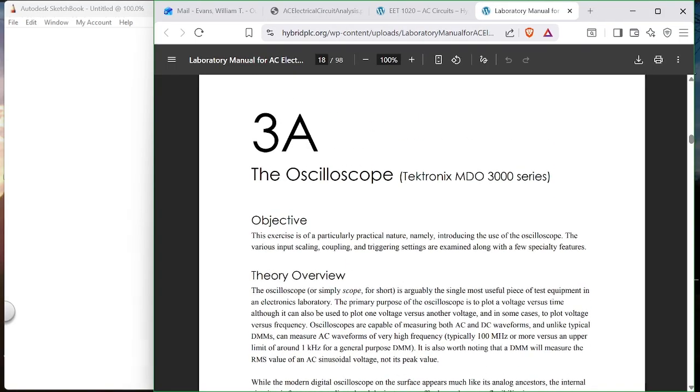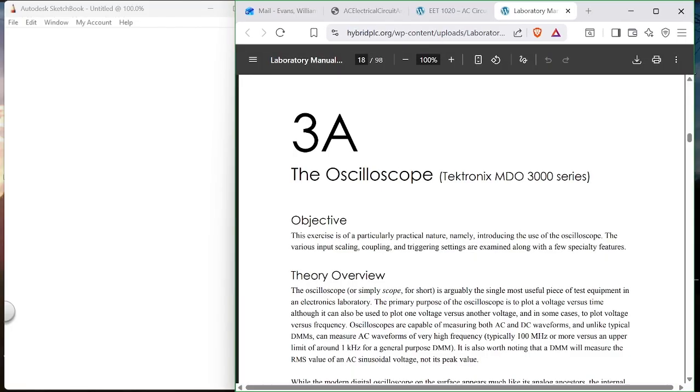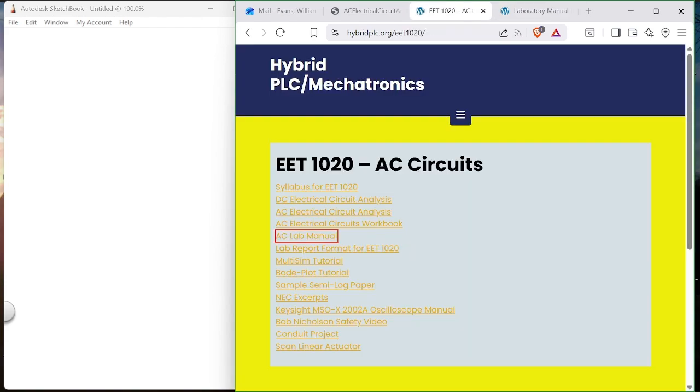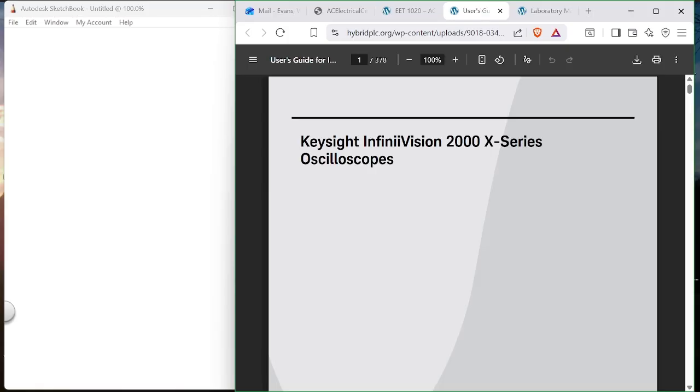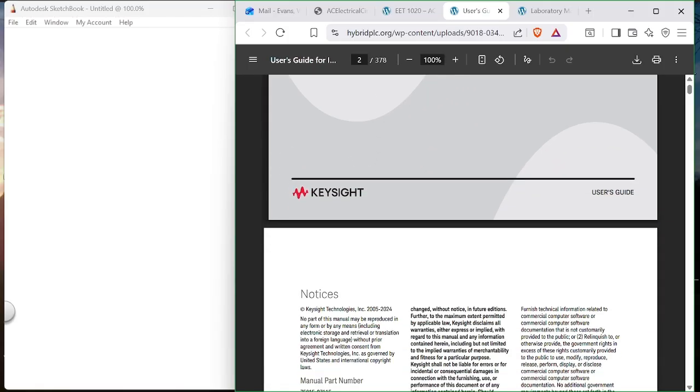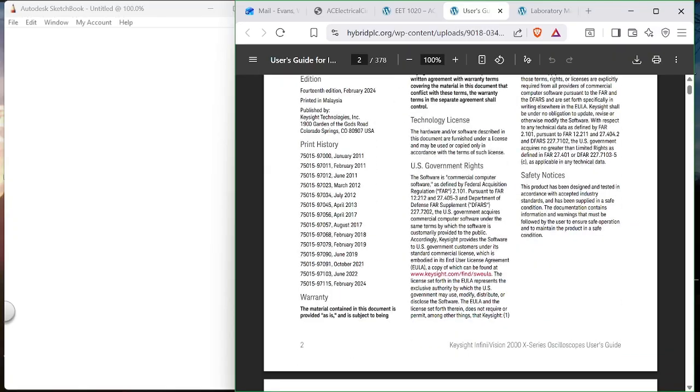This is just a generic lab, but we use this one right here, which is the Keysight. So this is our oscilloscope, and it would pay you to look through this a little bit.